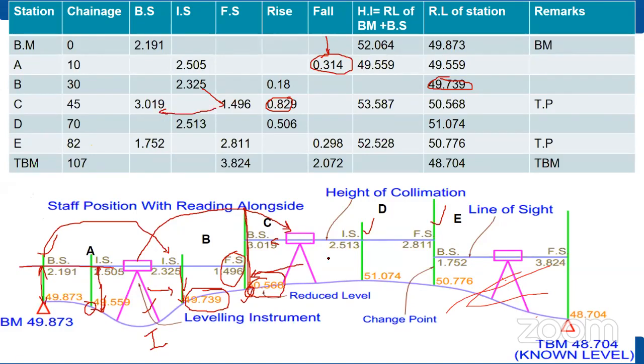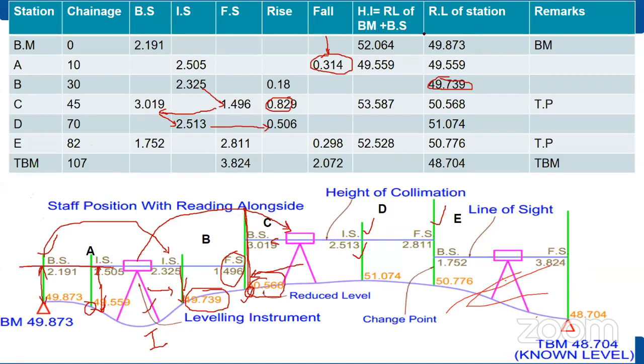Then after backside, I have taken an intermediate sight, 2.513. Then again I have to deduct: 3.019 minus 2.513. Then you get a rise. Like this you go on. Now the RL of the station is the RL of the benchmark plus or minus rise or fall. Plus sign you use for rise, minus sign for fall.